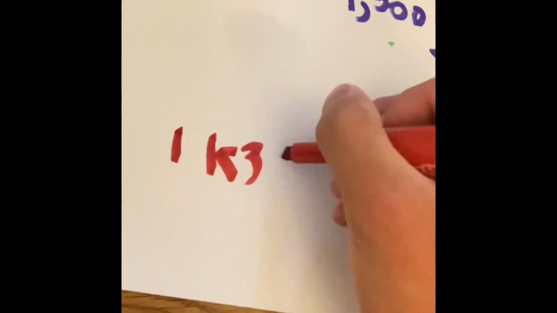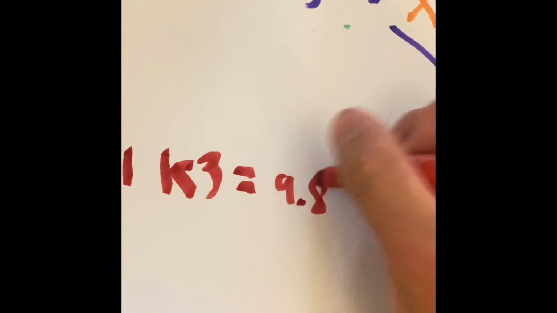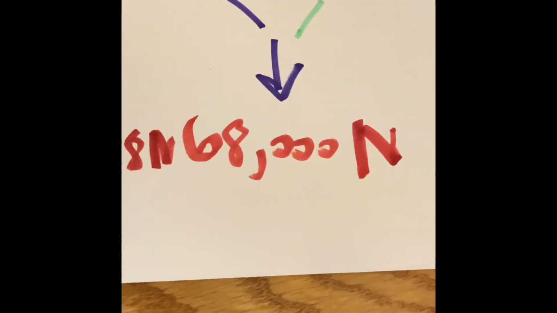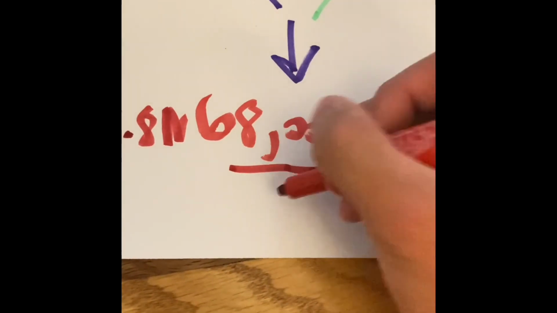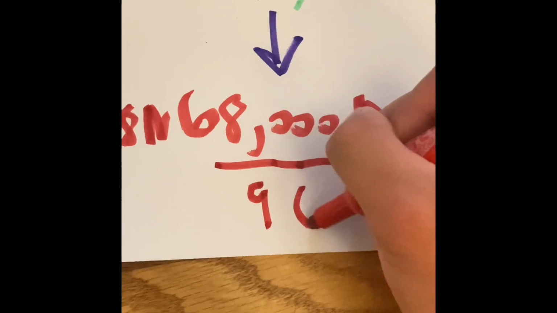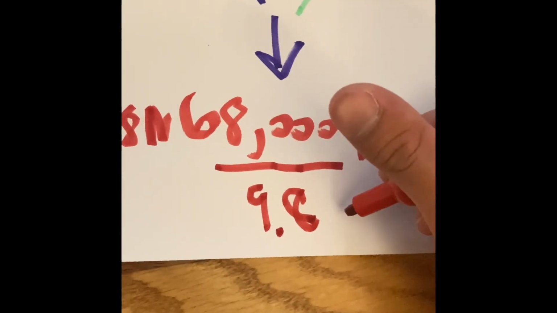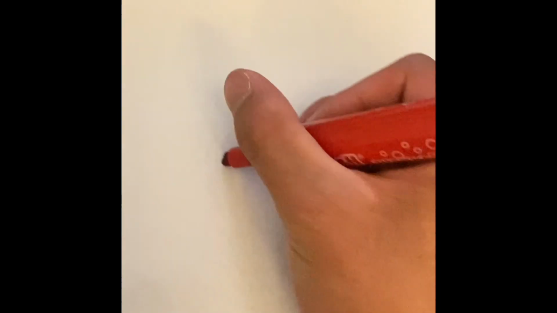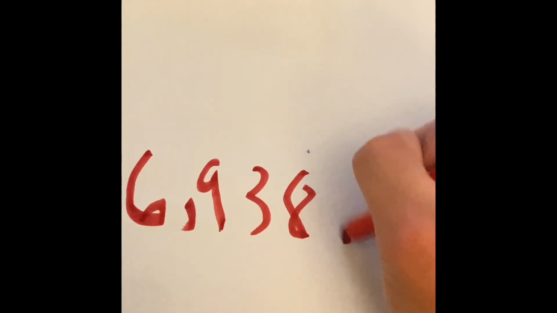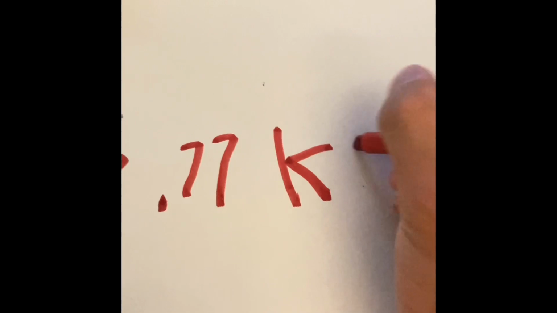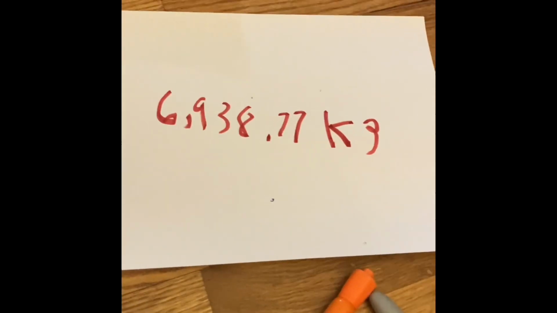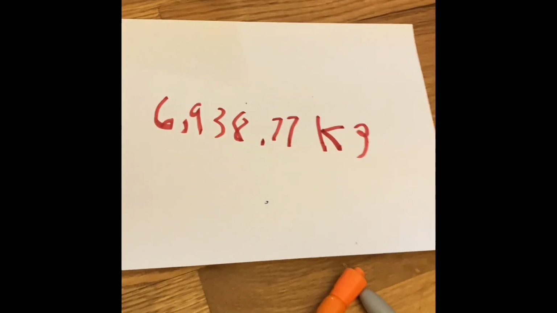We said earlier that 1 kilogram is equal to 9.8 newtons, so we have to divide 68,000 by 9.8 to get how many kilograms are being applied on the door. 68,000 divided by 9.8 brings you to 6,938.77 kilograms of force driven by Plankton being applied on the Krusty Krab door. And that is how much force is being applied.